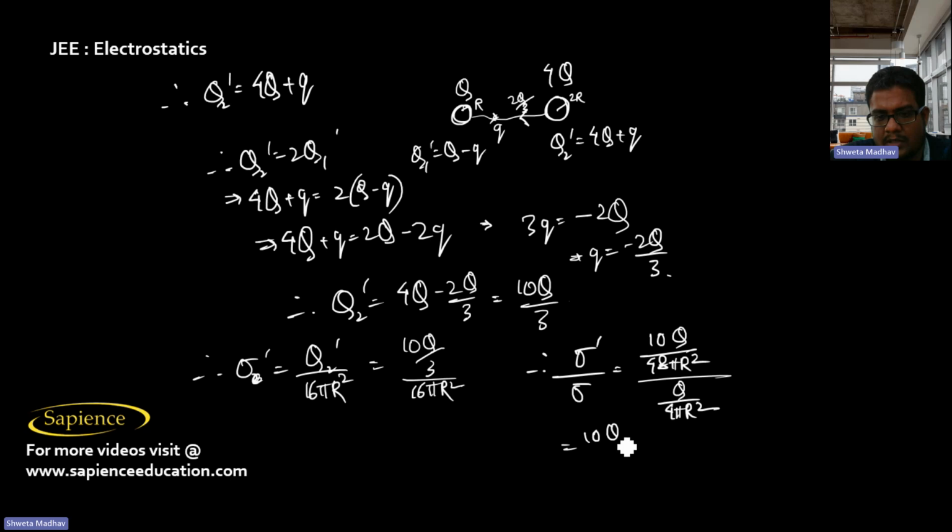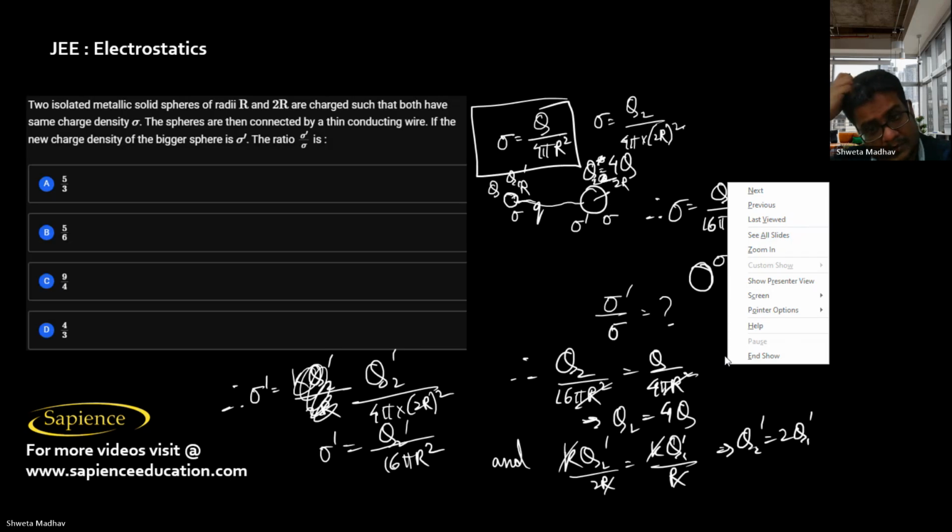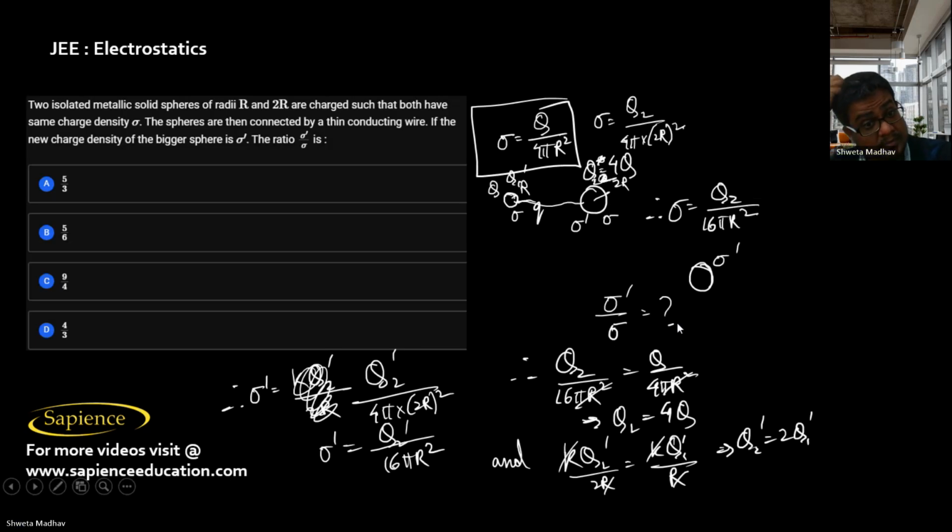This is 10q by 48 pi r square into 4 pi r square divided by q. So q will cancel, pi r square will cancel. 4 into 12 is 48, and 2 sixes are 12, 2 fives are 10. So this is equal to 5 by 6. Sigma dash by sigma is equal to 5 by 6. So option B is the correct answer.